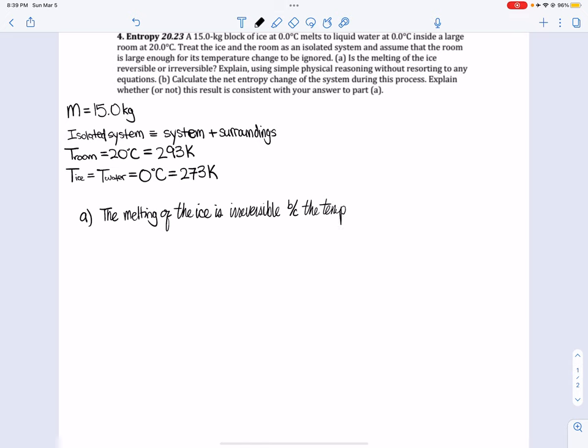So the melting of the ice is irreversible because the temperature of the room is 20 degrees Celsius.